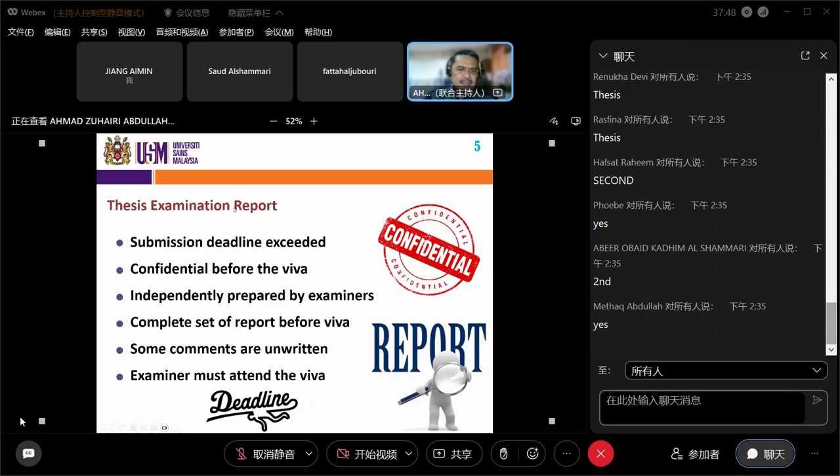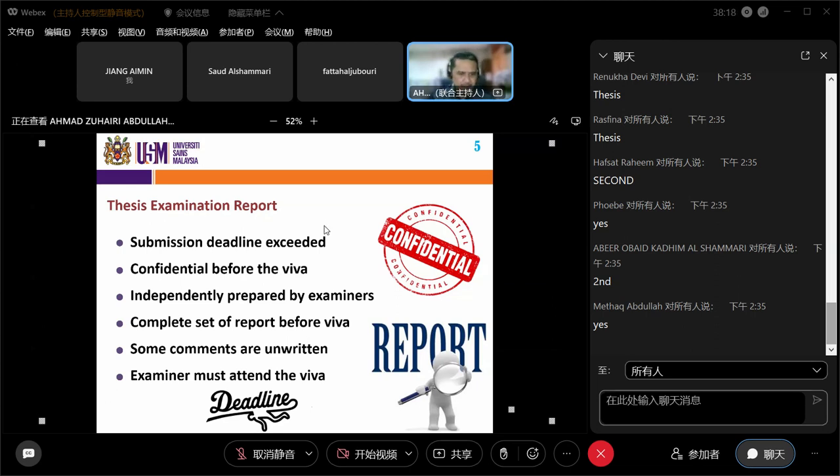Thesis examination report, something for you to note. The submission deadline sometimes can be exceeded. We gave them 2 months for the PhD thesis, but it happens that the examiner could be a super busy person, so they might exceed the time given. It happens regularly, so you have to be patient. And if it is too long, then you probably have the right to air your concern to the officer in charge.